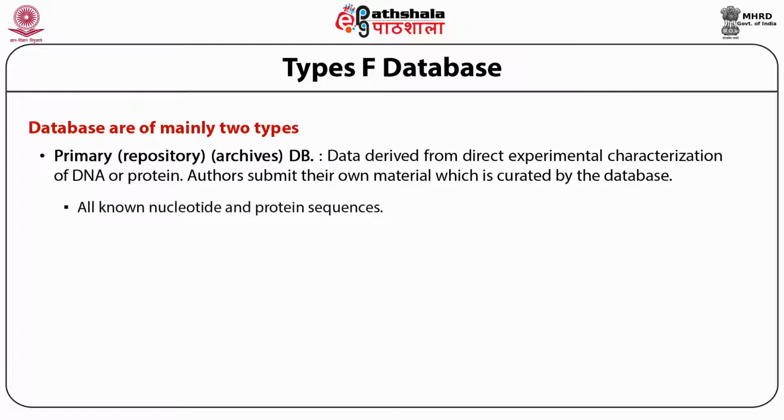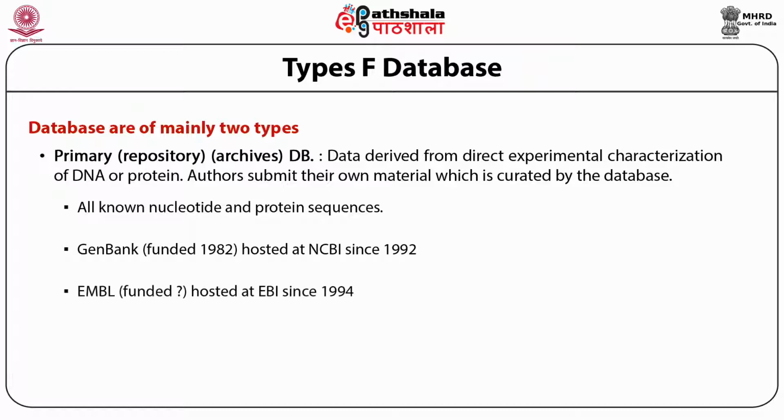There are many well-known databases, for example, for nucleotides and proteins. One is GenBank, which was started in 1982 and hosted by the NCBI since 1992. Another is the EMBL, the European Molecular Biology Laboratory, which is hosted at EBI since 1994.